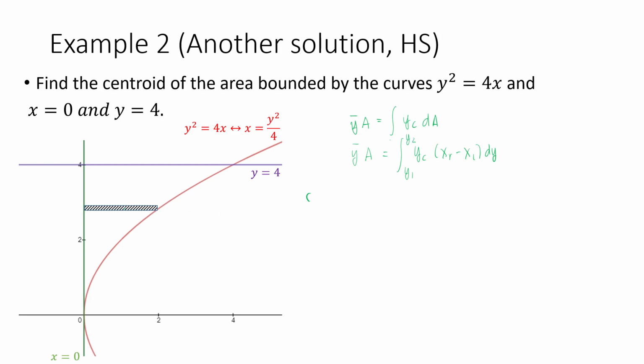Notice that going towards the center, it's only the y distance, right? We don't have to pass through here. The red portion has nothing to do with the midpoint or centroid of your differential area. So it's still y units.